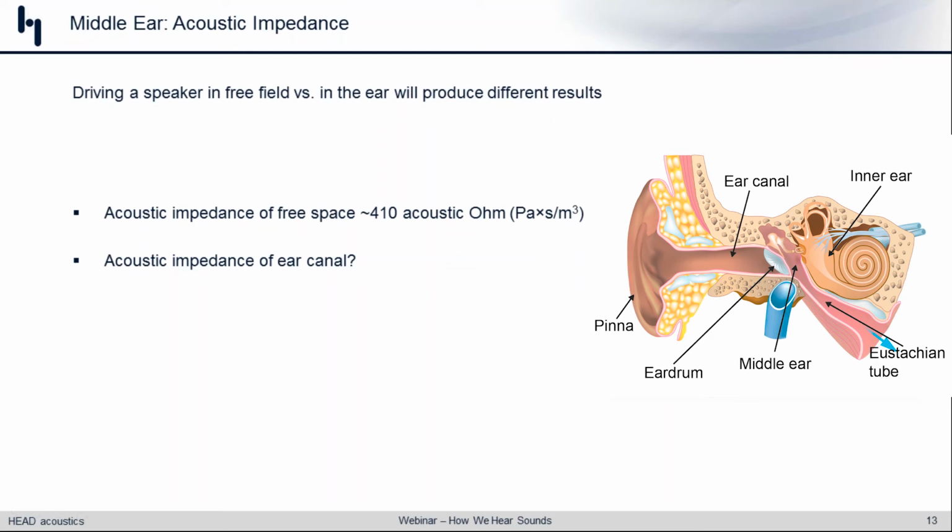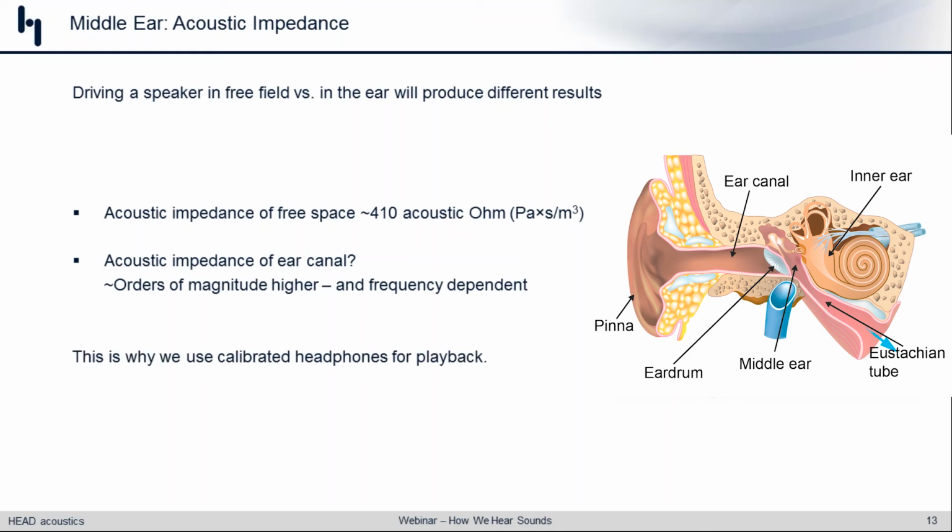The primary reason is that acoustic impedance, the fact that it mimics what a human ear would do. Additionally, for us at Head Acoustics, we use headphones that are calibrated on a head and torso for accurate playback, and we do those calibrations on a head and torso with an ear simulator built in with an ear canal and all that.